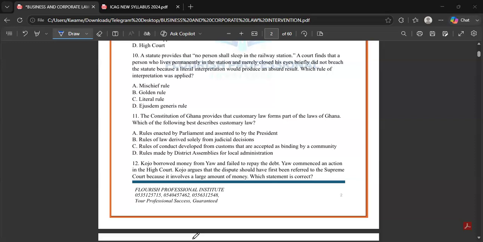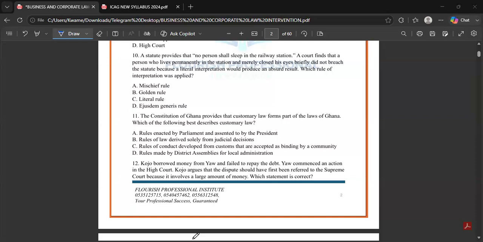Now somebody is living in the station and merely closed his eyes briefly, meaning he didn't sleep.